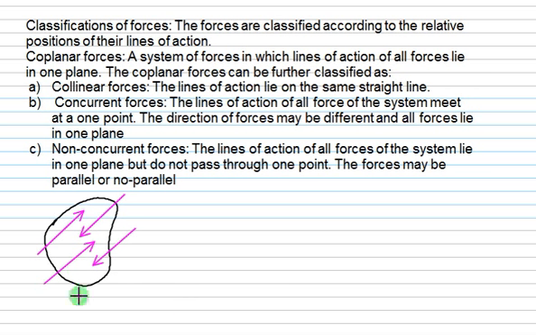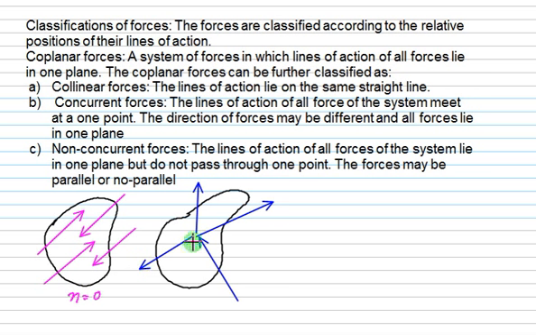So the number of intersections for this one is n equals 0. Suppose we have one force like this, one force like this, another force going this way, one force this way and one force this way. Now the number of intersections of all lines of action is equal to 1. So this one is called a concurrent force system.